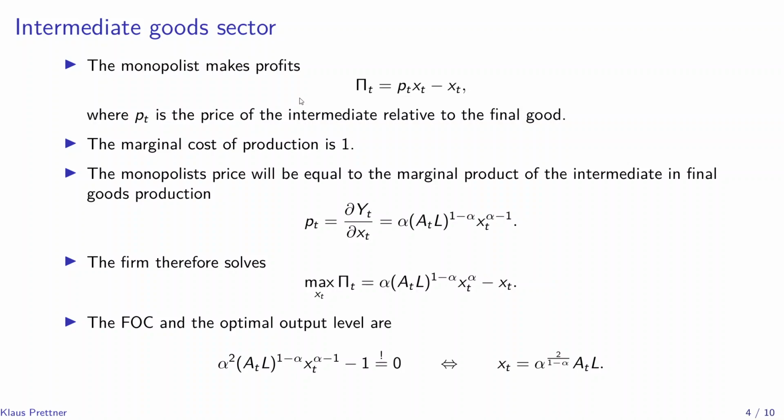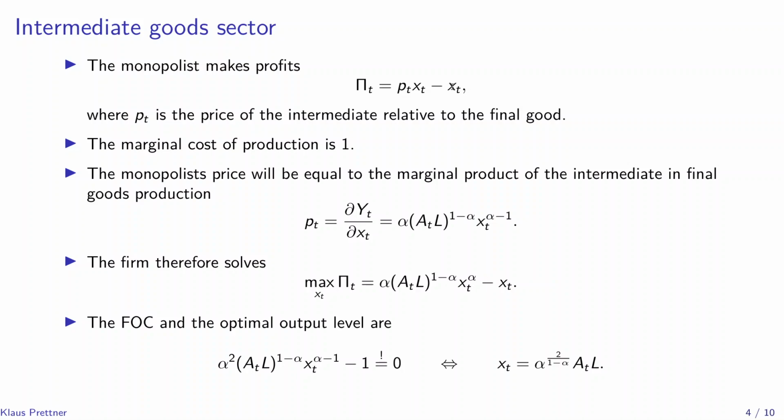Now, the intermediate goods producer makes profits, and these profits are denoted by pi_t, and this is equal to the price that the intermediate goods producer can charge for its intermediate multiplied by the amount of the intermediate it produces, so that would be revenue, minus the cost of production.